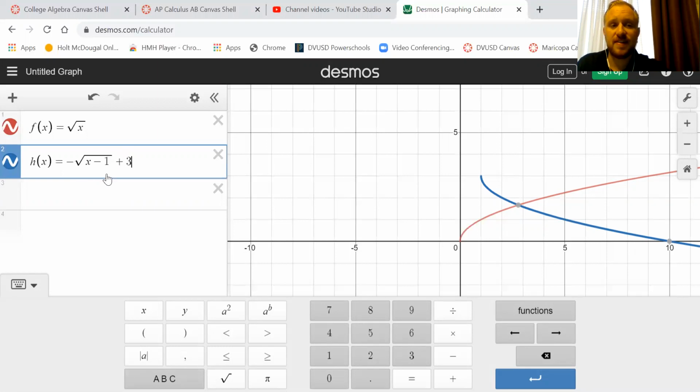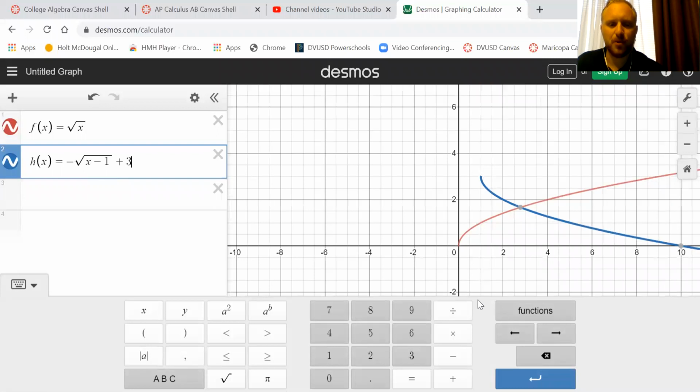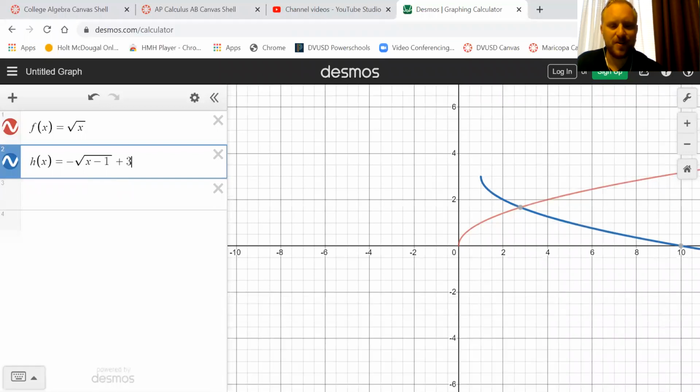So if you were to set the inside equal to 0 and solve, you'll notice that it would become x equaling positive 1. So that means it's positive, it means it's shifting to the right. And then this plus 3 means it's going up 3. Okay. So that's that. Very, very important information there. Okay. So let's go back to our notes.